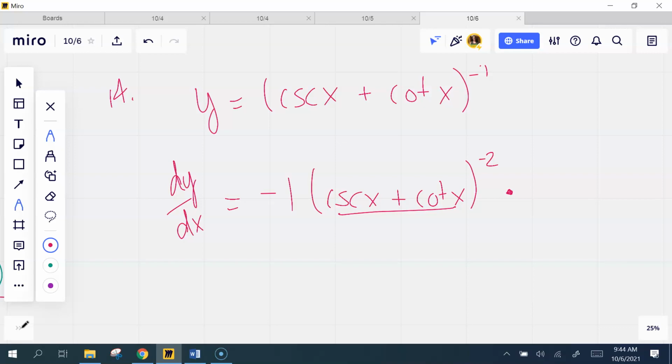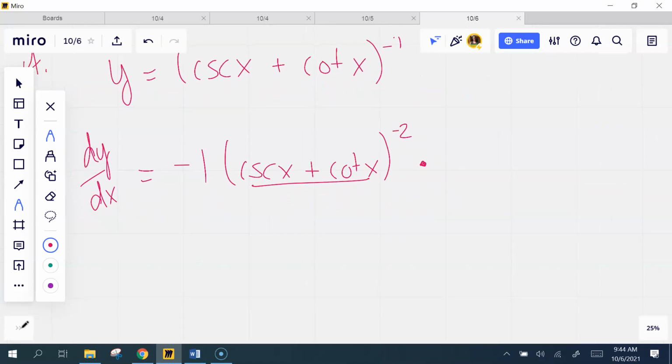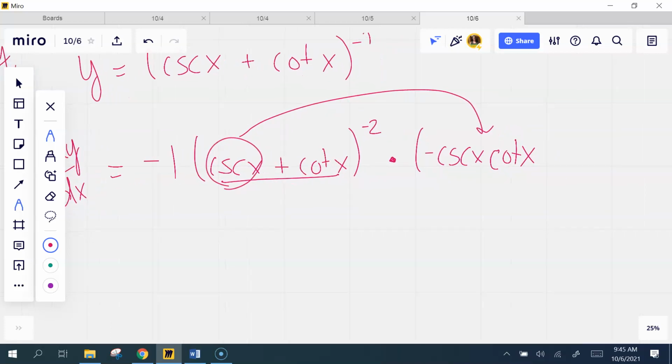Anybody? Is it cotangent or tangent? That's the derivative of cosecant. What's the derivative of cotangent?